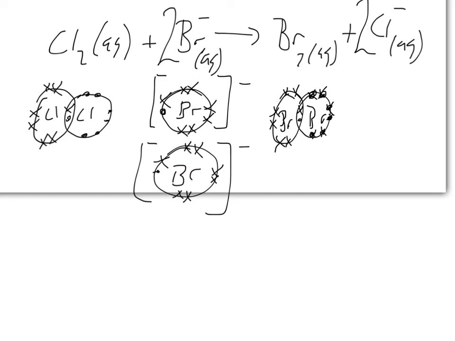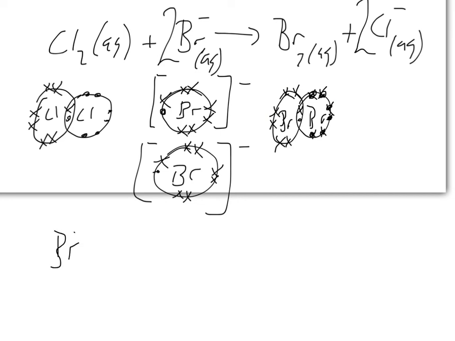Each bromide has lost 1 electron, and then these 2 electrons, if you imagine, they suddenly disappear. Let's see if I can use the rubber on here. I'm not quite sure where it is. Nope, I can't find a rubber, so I can't make the electrons disappear. But each one of these has lost 1 electron, and then they bond together covalently, and we go from having 16 electrons to 14 electrons. So the bromides have lost electrons.